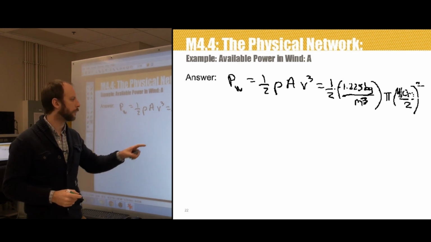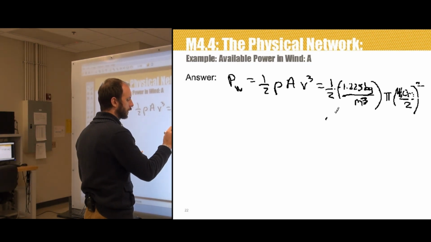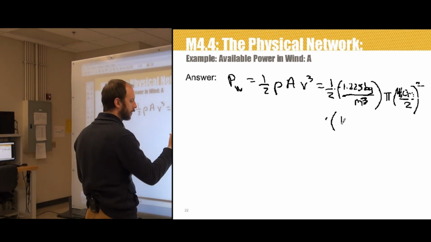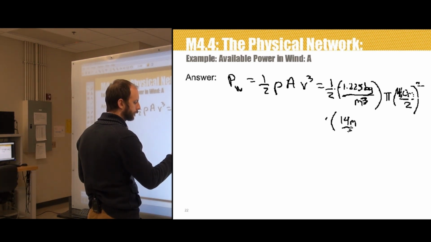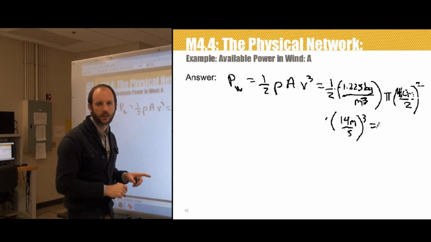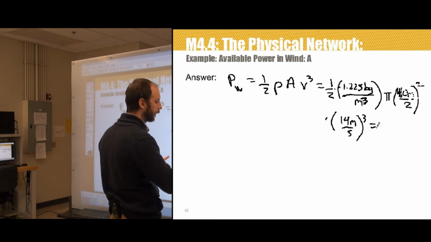And then I need to multiply that by velocity cubed. We were told the wind velocity was 14 meters per second, and we need to cube that. I get a total power contained in the wind of 2,112 kilowatts.